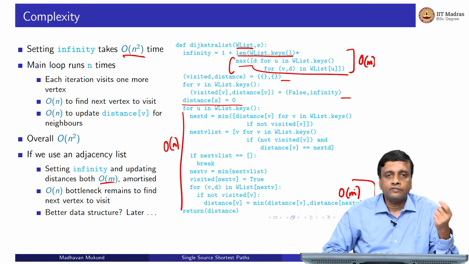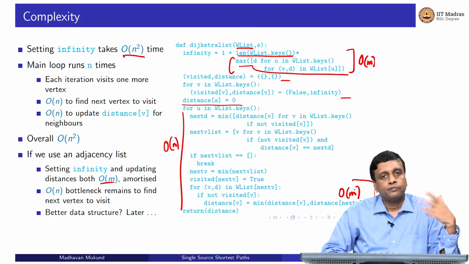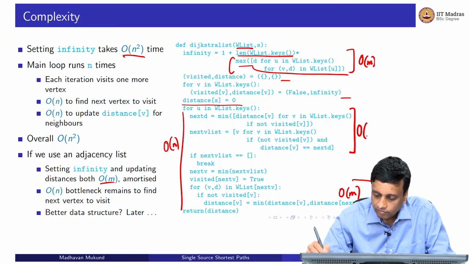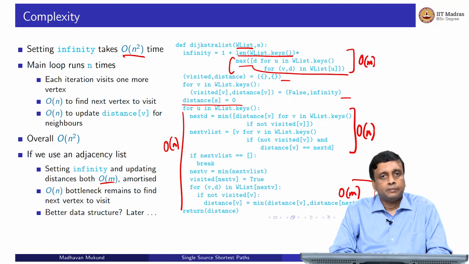Once I get a vertex and I want to update all its neighbors, I only have to go proportional to the degree of that vertex, which amortized across all of them is the sum of the degrees, which is proportional to the number of edges. But the problem of identifying the minimum vertex remains.